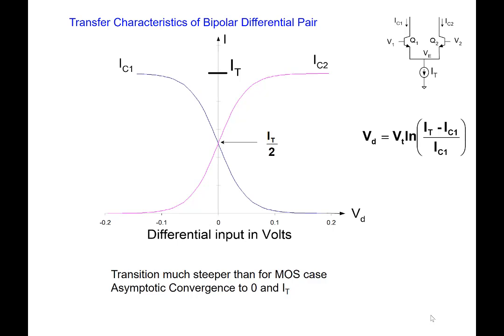So the larger you make VD, the closer and closer IC1 gets to either zero or I tail, but it never gets completely to zero and it never gets completely to I tail. The other thing that's different is if you look at the slope here, the slope is typically much steeper than the slope for the MOS transistors. I wonder why that's the case. Difference between exponential law and square law. We had a square law relationship to determine that slope in the MOS case, and we have an exponential relationship that determines the slope in the bipolar case.